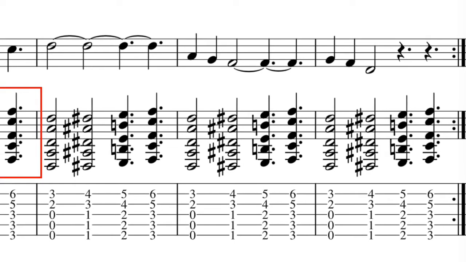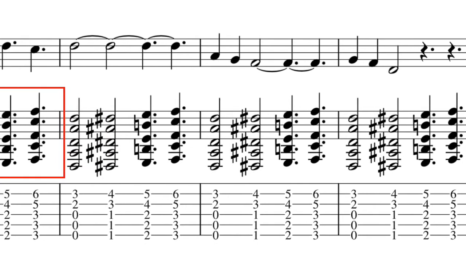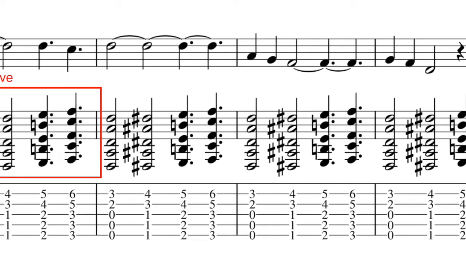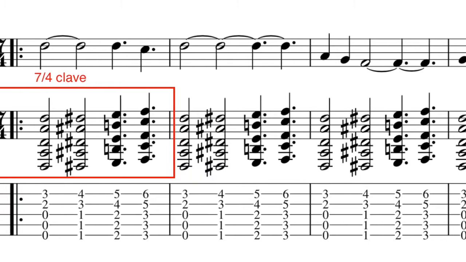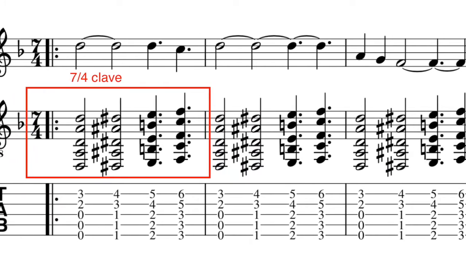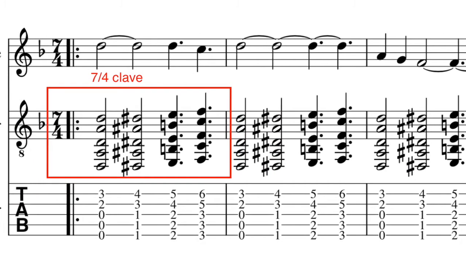So in that second part, 1, 2, 3, 4, 5, and 6, and 7, and 1, 2, 3, 4, 5, and 6, and 7, and 1, right? Something like that. So that rhythm that repeats over and over really grounds the melody here.